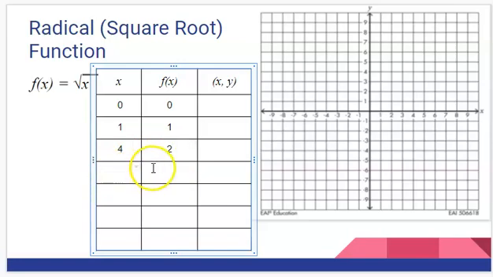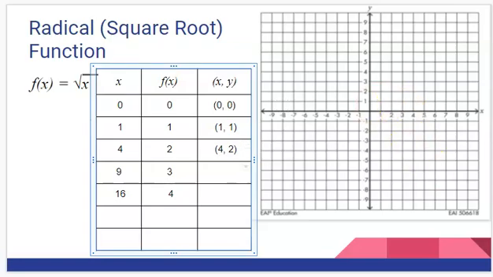The next perfect root is 9. Square root of 9 is 3. The next one is 16, and that would be 4. And so on and so forth. So again, we write them as coordinates. Don't forget to do that part. Very important. I'll start you up with a couple of them, and then you could finish the rest.